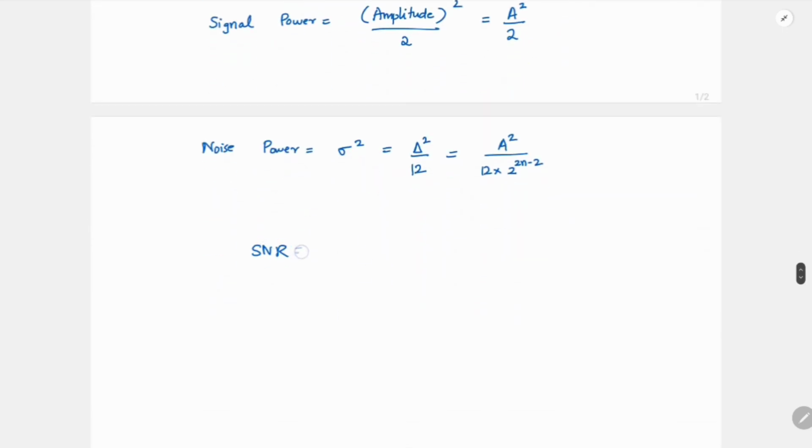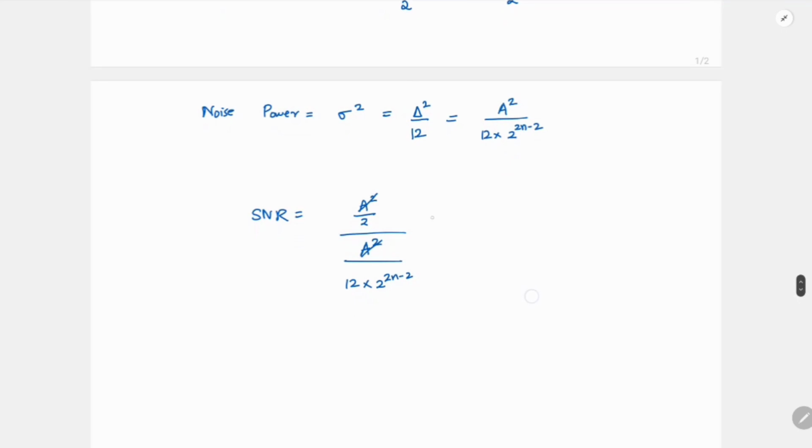So the SNR is a square by 2 divided by a square by 12 into 2 power 2n minus 2. So a square goes away. So 12 by 2 is 6, so it is 6 into 2 power 2n minus 2. So if you observe, SNR depends only on the number of bits n, right?